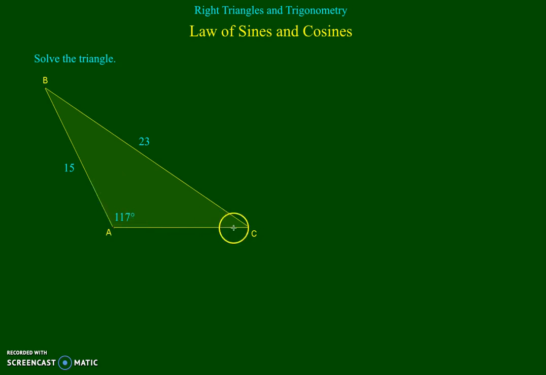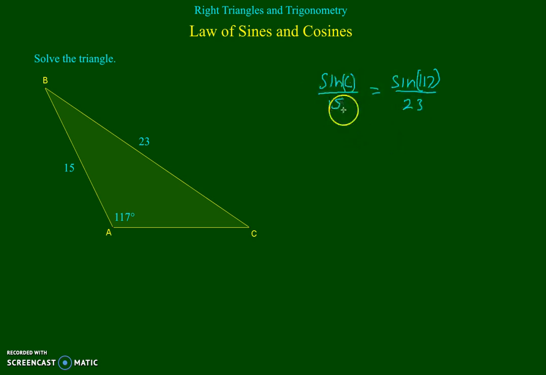The first thing we're looking for is angle C. So let's find angle C and establish a relationship with these other pieces. Since C is our missing angle, let's say the sine of C over 15, which is side C, is equal to the sine of 117 over side A, which is 23.